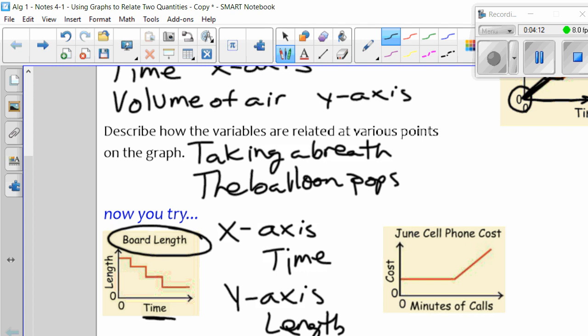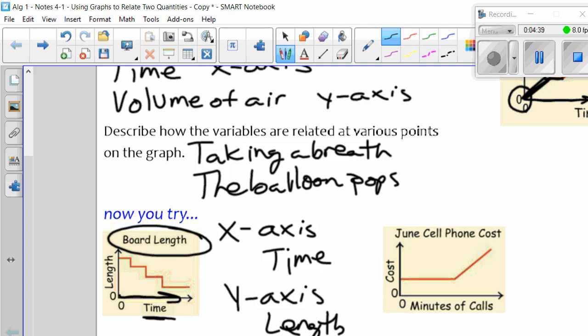I'm cutting a board. So as time goes on, I must be cutting a board. And as time goes on, what happens to that board? Well, the board is going to get shorter with time. Okay.